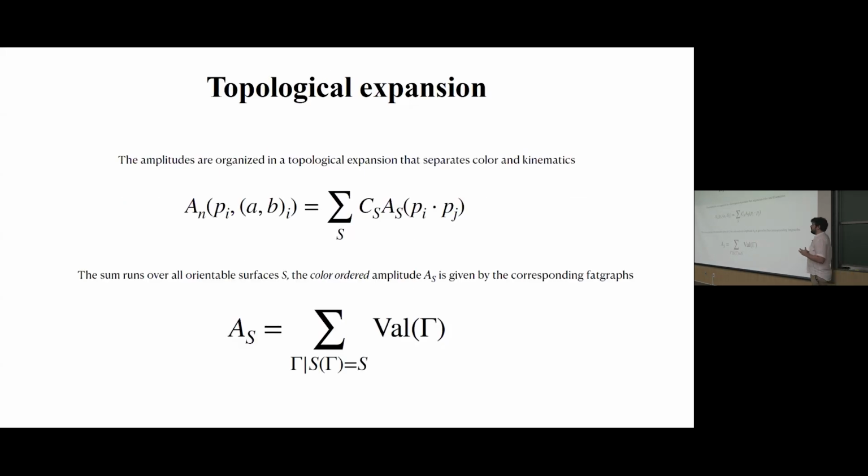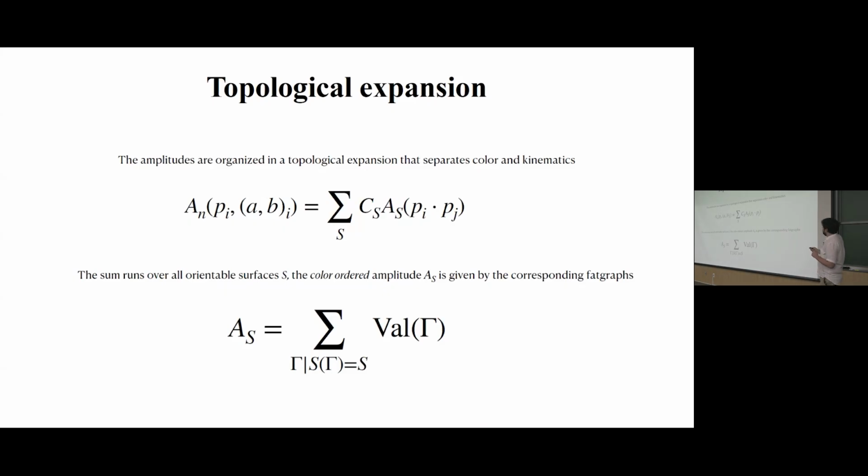In this theory, it's very convenient to perform a color ordering decomposition, so to separate the color degrees of freedom from the kinematical ones. What you get, well, this is just the famous topological expansion. What you get is that an n-point amplitude can be represented as a sum over different types of surfaces. Each surface contributes with a color factor, where we absorb the color group factors, as well as the coupling constant, and so on.